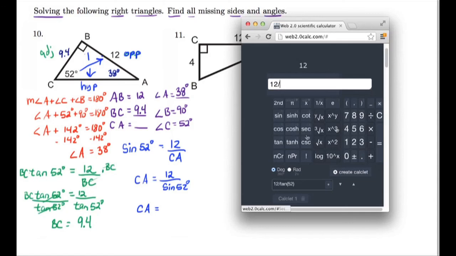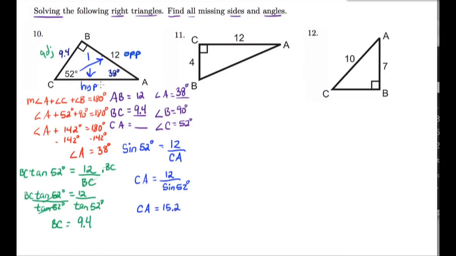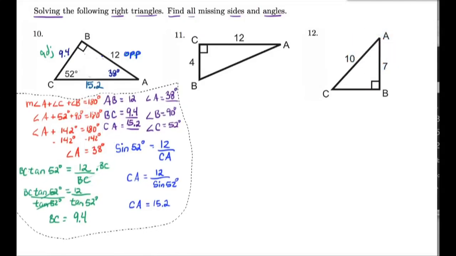I'm going to get a little bit more of a precise answer if I use my given values. 15.2. Okay, so number 10 is solved. I found all the missing sides and angles.